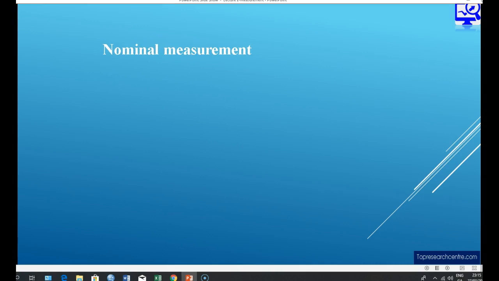I want to start by looking at nominal measurement. When I'm looking at nominal measurement, this is just a classification of objects or events on the basis of shared attributes or characteristics. You are just naming or labeling the subgroups you have come up with.